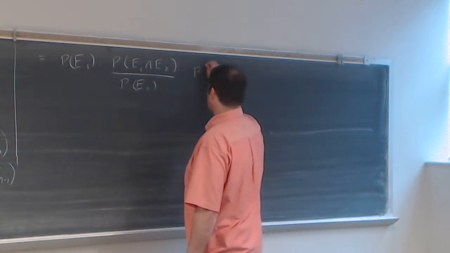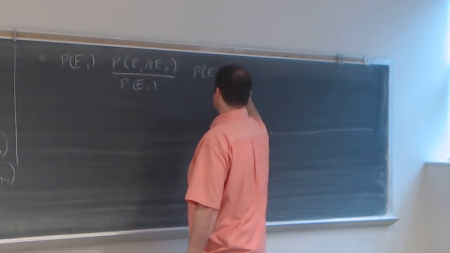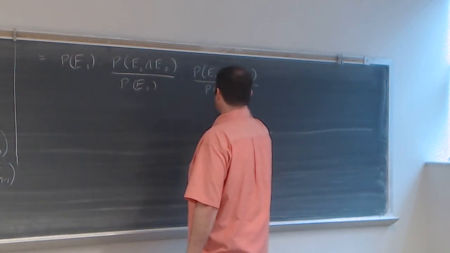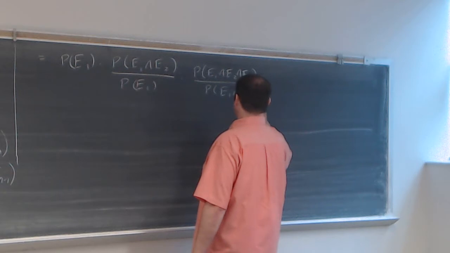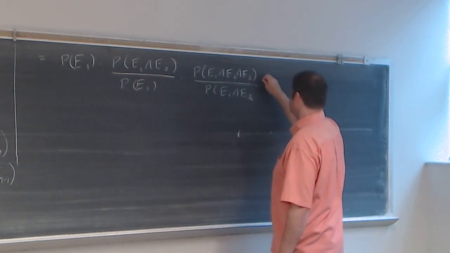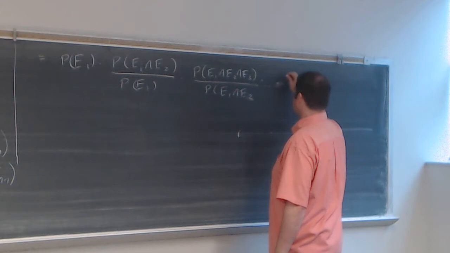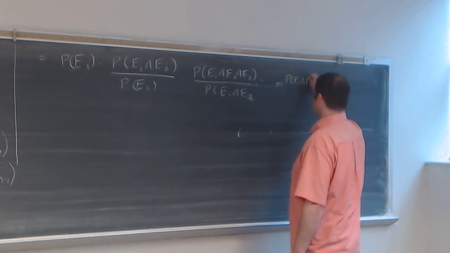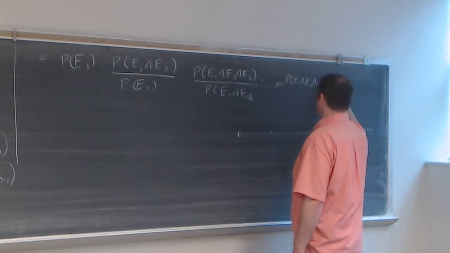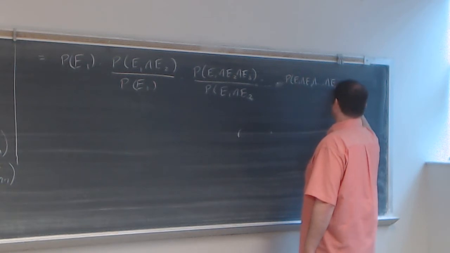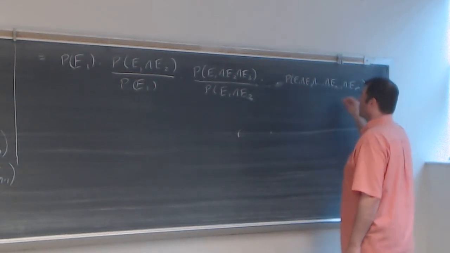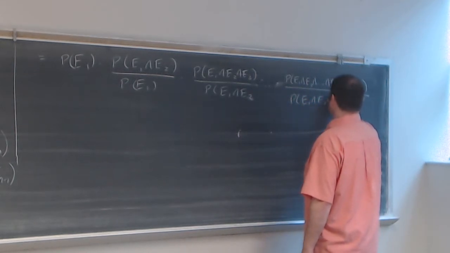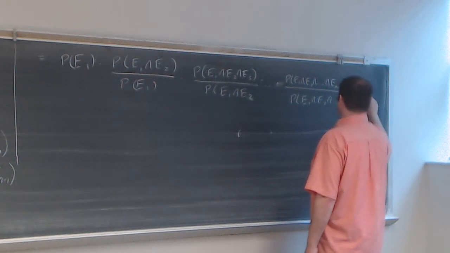That's the probability of E1 intersect E2 intersect E3 over the probability of E1 intersect E2, and we keep going until the last conditional probability, which can be rewritten as the probability of E1 intersect E2 intersect all the way up to E sub n minus 1 intersect E sub n, all over the probability of E1 intersect E2 intersect all the way up to E sub n minus 1.